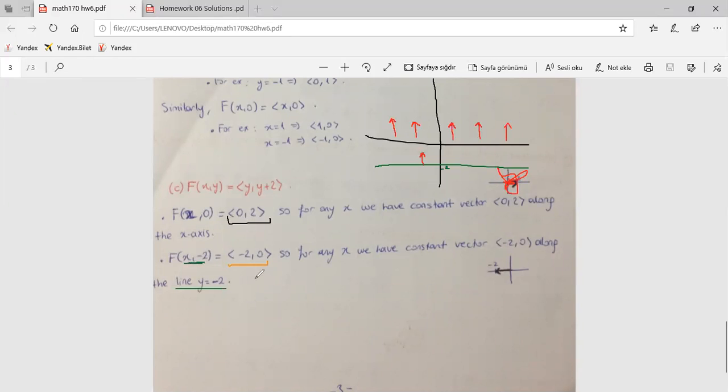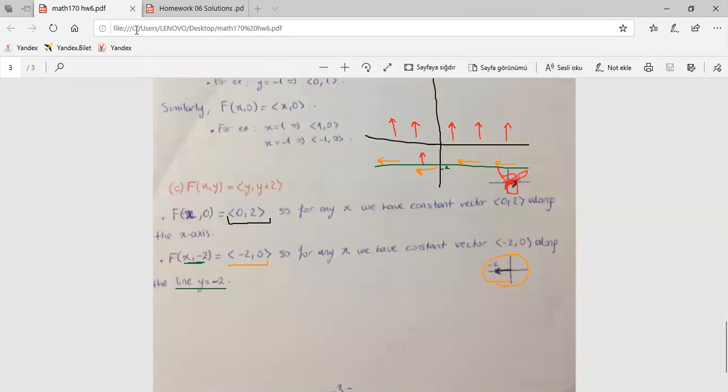It says we're on this line, so our vectors will be (-2, 0) all the time, the same vectors along this line, right? So let's draw them. The vector (-2, 0) is something like this. Along this line we have these vectors, no matter what value x gets.